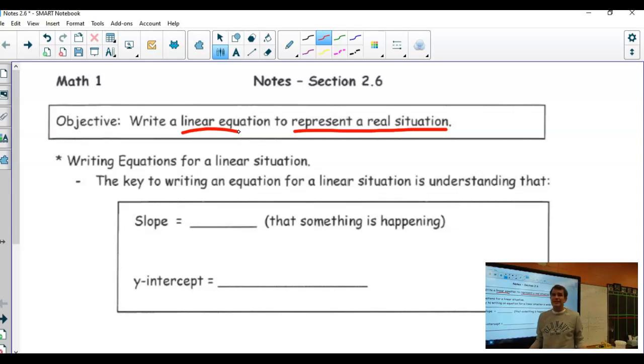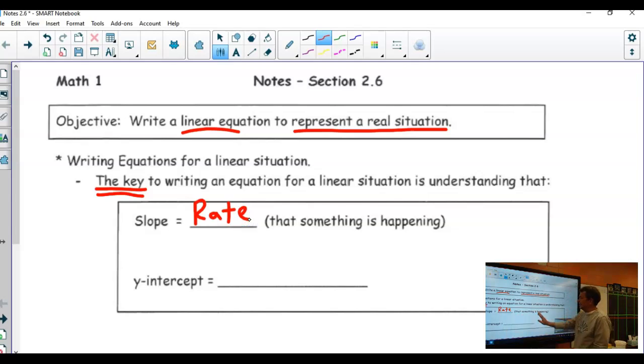I have done 3 examples here, and each of the 3 examples will point out some different aspect of doing this. So, we are starting with just writing equations for a linear situation, and I think this is the key right here. The key to writing an equation for a linear situation is understanding that slope is equal to rate.